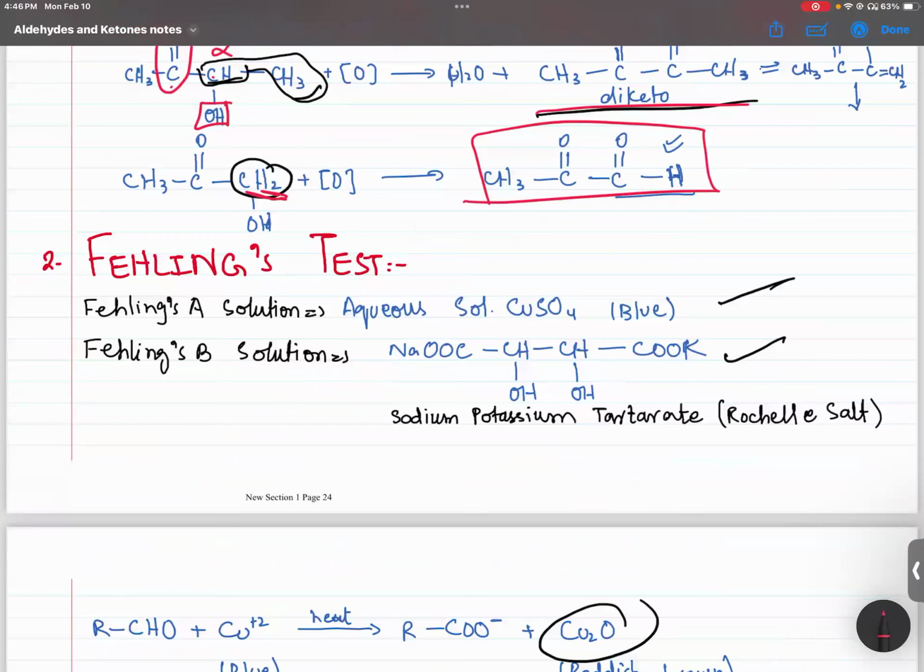Now let's see that we have another test which is known as the Fehling solution test. We have the two Fehling solutions, Fehling A solution and Fehling B solution. Fehling A solution is basically the CuSO4 salt, and Fehling B solution is the sodium potassium tartrate, which is also known as the Rochelle salt. So put the heading of the Rochelle salt and just name it as the sodium potassium tartrate.